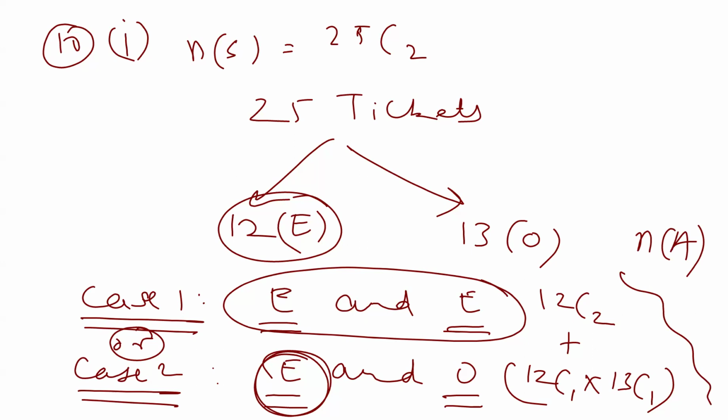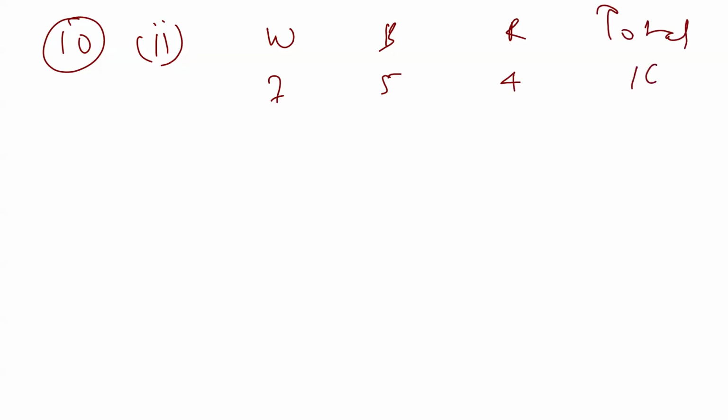10 sub question 2. A bag contains 7 white, 5 black and 4 red balls. White, black and red, 7, 5 and 4. So the total is 16. 4 balls are drawn without replacement.